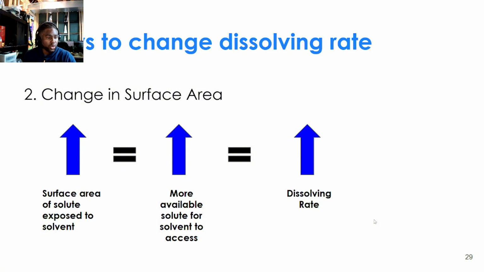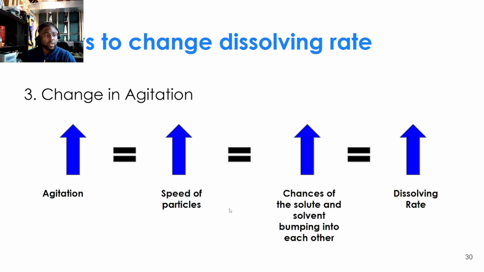If we change the surface area, we expose more solute to the solvent, more available solute for solvent access, which thereby increases the rate of dissolving. And then 3, if we agitate it, we increase the speed of the particles, we create more chances for the solute and the solvent to bump into each other, and these collisions thereby increase the dissolving rate.